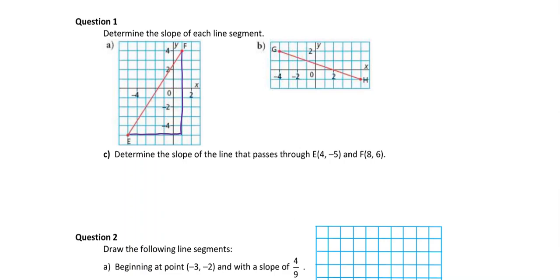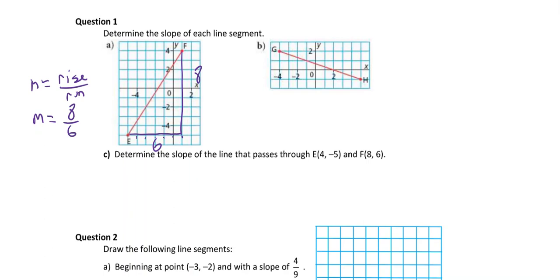Counting up the boxes, this thing rises 8. And what does it run? 6. So slope is equal to rise over run.